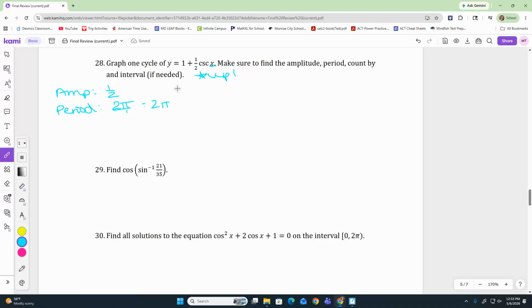Remember, everything except tangent and cotangent. Normal period, 2 pi. Count by. You take your period, divide by 4, so we get pi over 2. Interval, not necessary here, but if you did it, we just set up between 0 and 2 pi, and my angle is just x. So it looks like that.